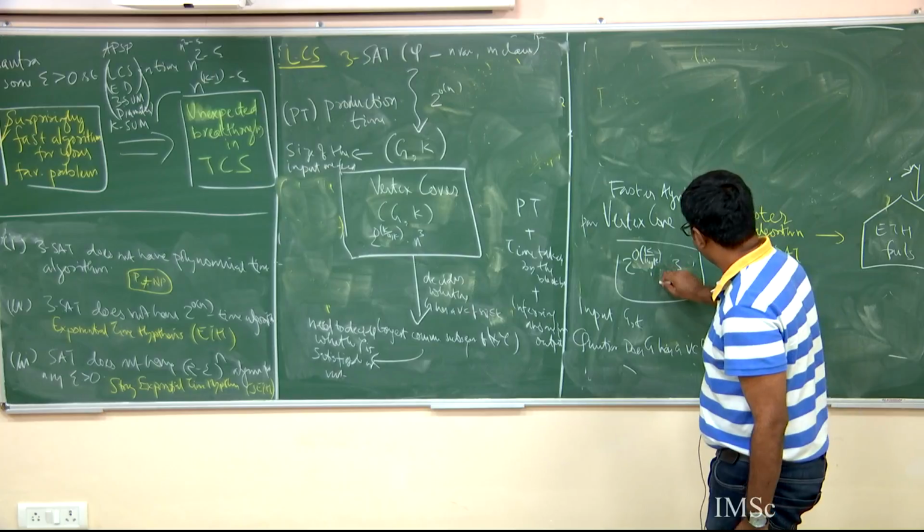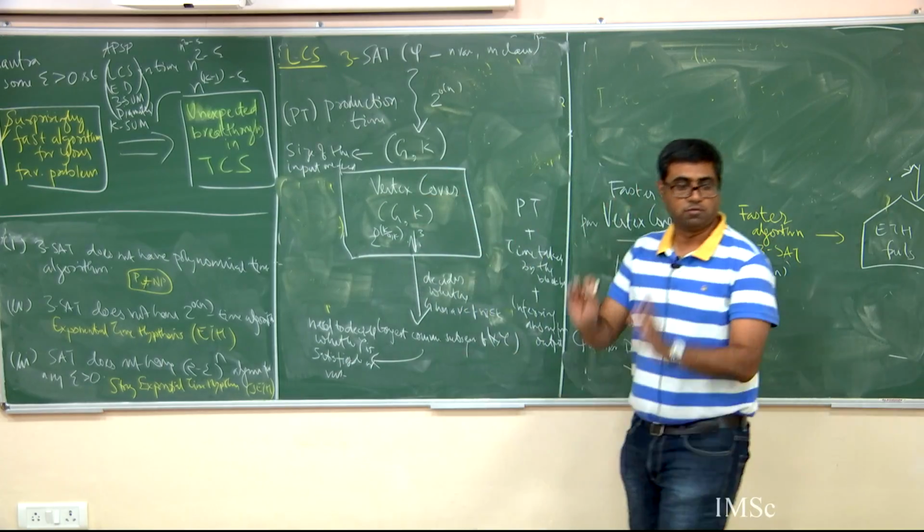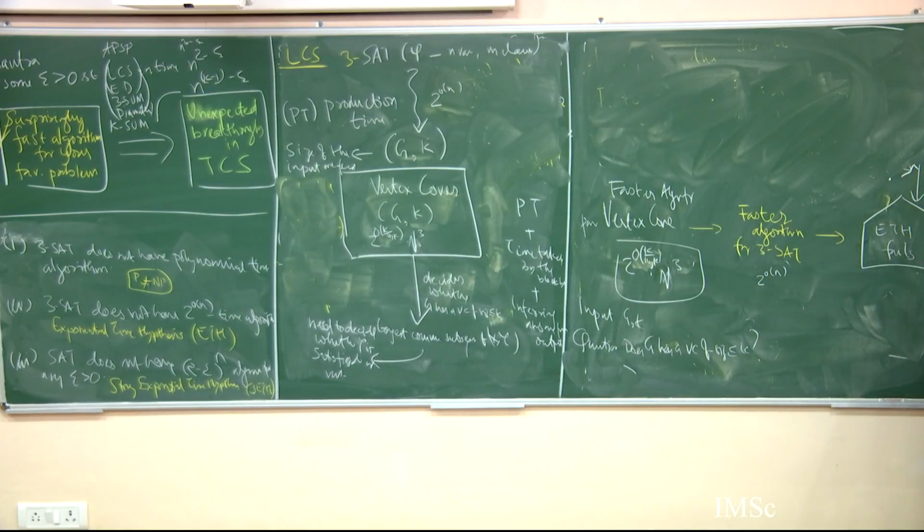I'm not going to write it because we agreed on n cube. This is what it is because n is the little n for the SAT. Do you understand the question? It can output, but what all can it output?